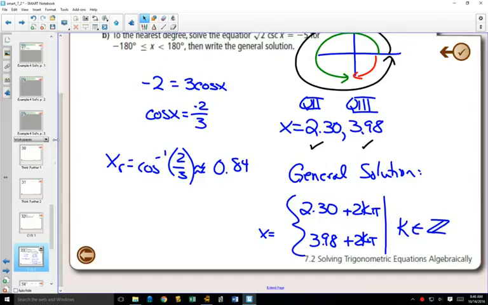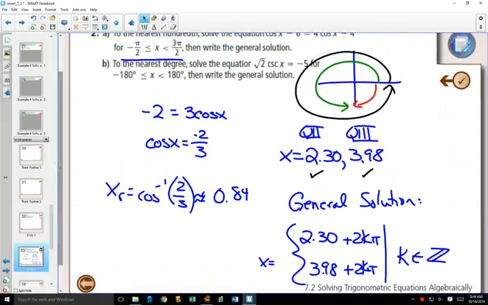Part B, same idea, but notice now that we're dealing in degrees. Root 2 cosecant x equals negative 5. Again, we're going to solve it between 0 and 360 degrees first, and then find out that some of our answers may need to be changed.